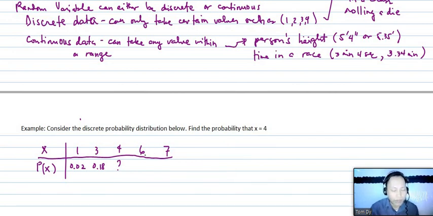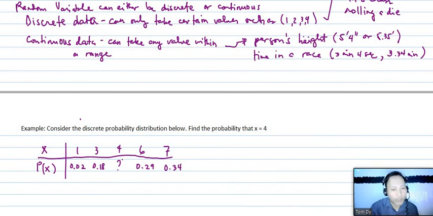The probability when x equals 6 is 0.29, and the probability when x is equal to 7 is 0.34. Now, going back to the question, find the probability that x is equal to 4. Again, this is our discrete probability distribution table, and we are going to find the probability when x is equal to 4.